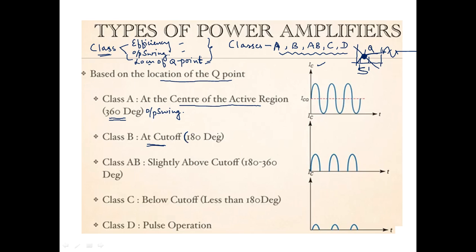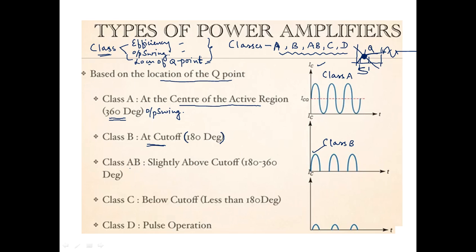The output swing is only 180 degrees. That means the remaining 180 degrees of the input signal cannot be used for amplification. The output appears only for 180 degrees of the input signal. You can observe the output here. By the way, this is for class A output, this is for class B output.